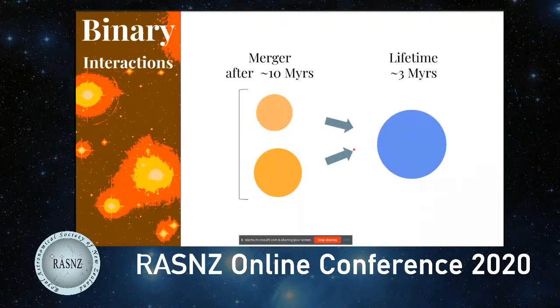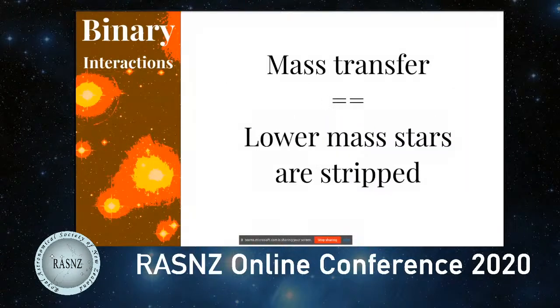So you have this kind of picture that becomes much more complicated when you include binary interactions. Mass transfer also helps make things more complicated, because when you have mass transfer, you end up with stars that have stripped envelopes. Stripped envelopes can happen in the single star paradigm, but you need your stars to be very massive.